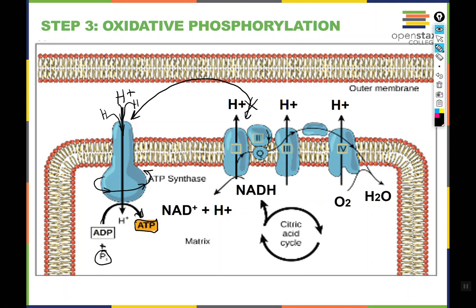So for every glucose molecule spent, between the ones produced by glycolysis and by the citric acid cycle and the ones produced here, you get about 34 ATP per glucose molecule. So oxidative phosphorylation is obviously producing the bulk of ATP of all of the steps. So it's really, really efficient at making ATP. It's better than the other two steps by far.